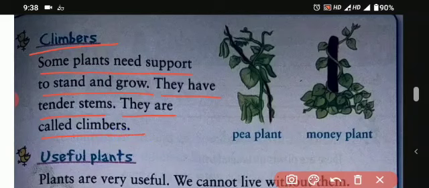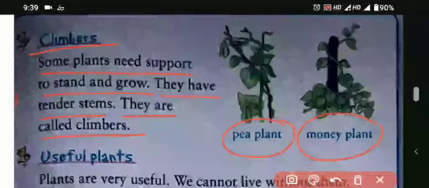For example, there is a pea plant and money plant. In your houses you must have seen the money plant which needs some stand to grow.